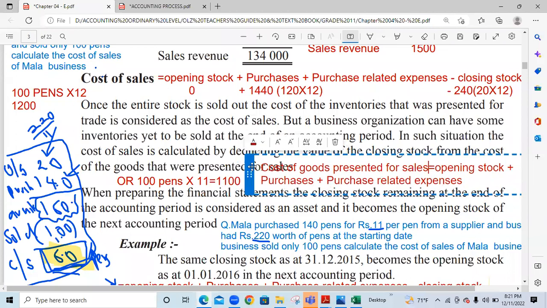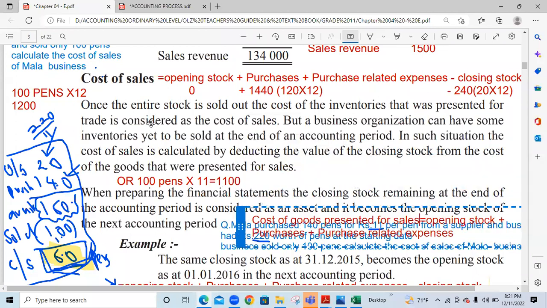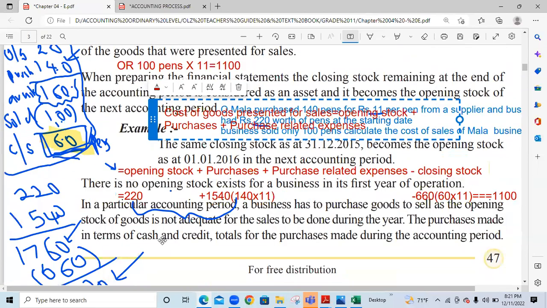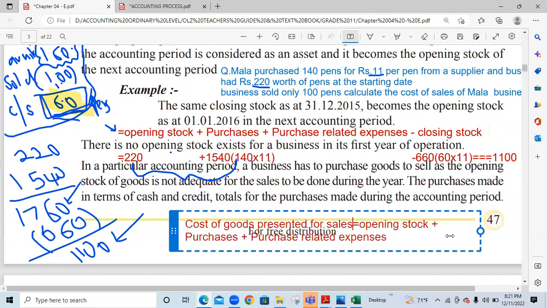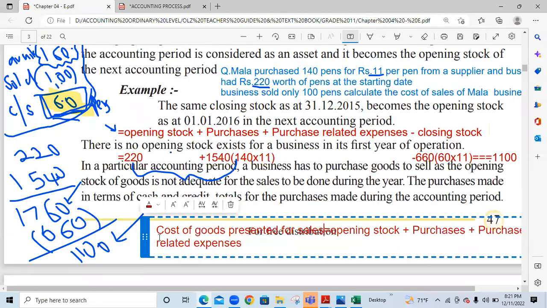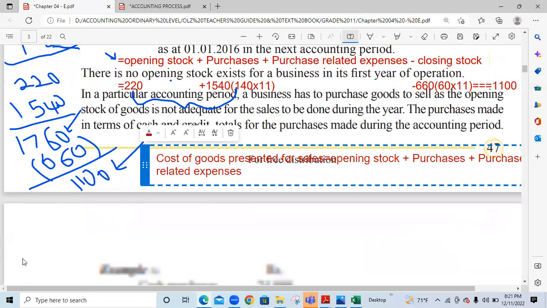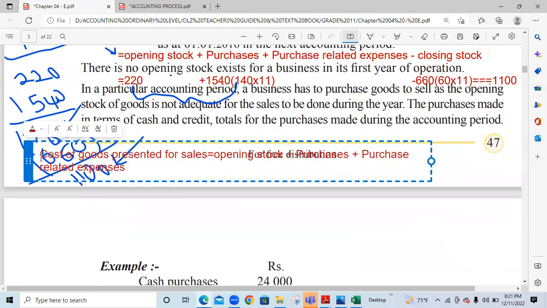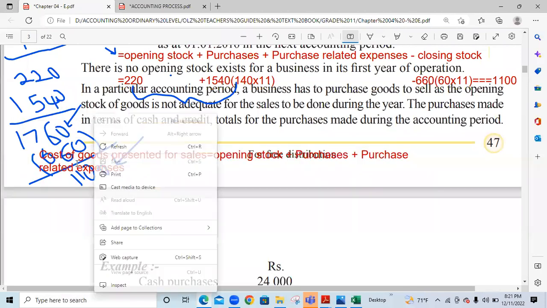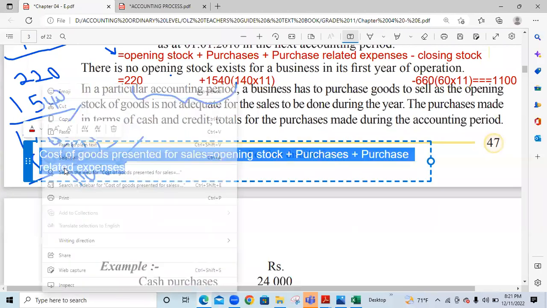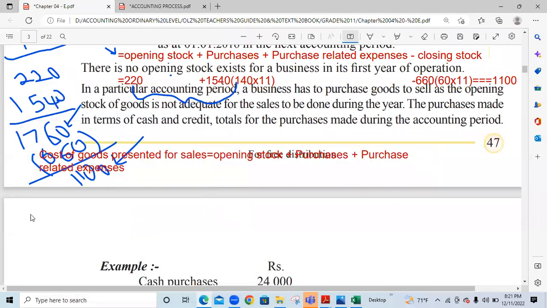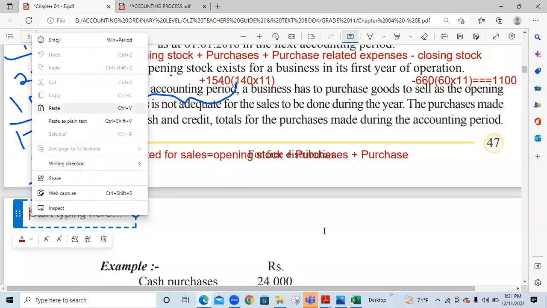Simple as that. Before you deduct closing stock, the value you get is what you call cost of goods presented for sale. Wait, I'll show you clearly.